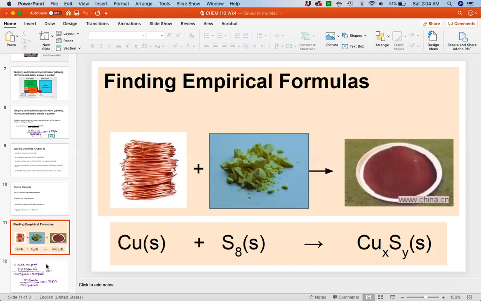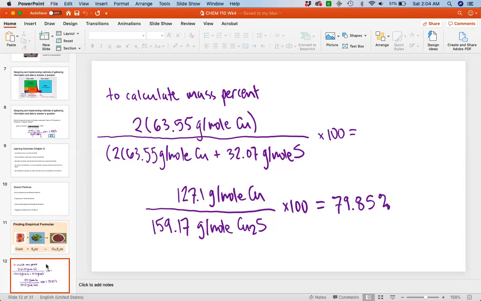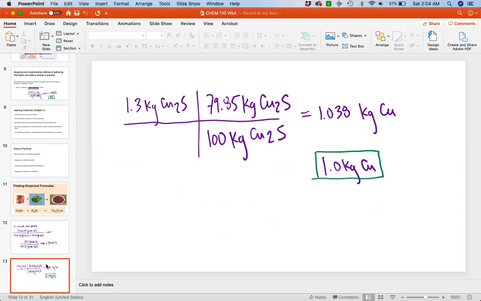It's important, if we're thinking about finding these empirical formulas, that in addition to being able to calculate our mass percent, we can also use it as a conversion factor. And so if, say, for example, we were given 1.3 kilograms of copper sulfide, we could convert that using our mass ratio to figure out how much copper there was in our total sample.